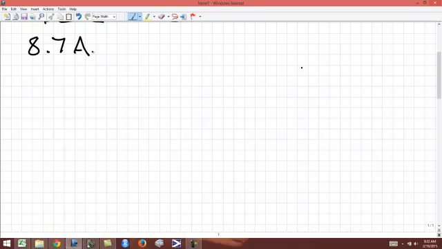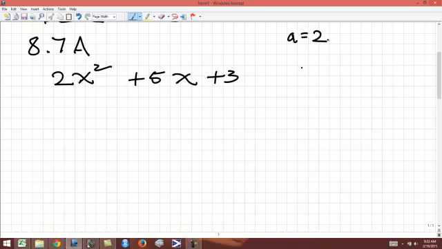All right, so this is factoring when a is not equal to 1. We're going to start out with 2x squared plus 5x plus 3. And we're going to say a is 2, the coefficient of the first term, b is 5, and c is 3. Now the first thing I'm going to do is a times c, which is 2 times 3, which is 6.